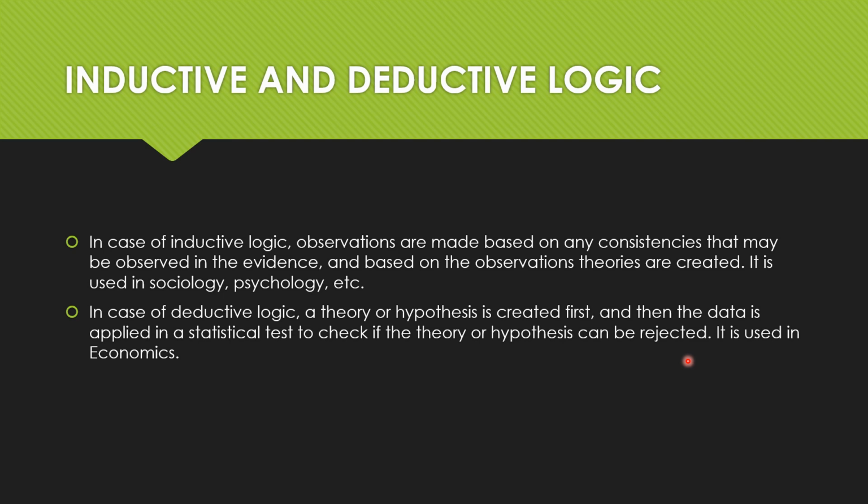If an economist believes that if there is a rise in price, there would be a fall in demand, and vice versa, he will frame this theory as a hypothesis first: demand falls when prices rise. Then he will apply a statistical test and try to get this hypothesis rejected. If it is not rejected, that means the hypothesis holds true.